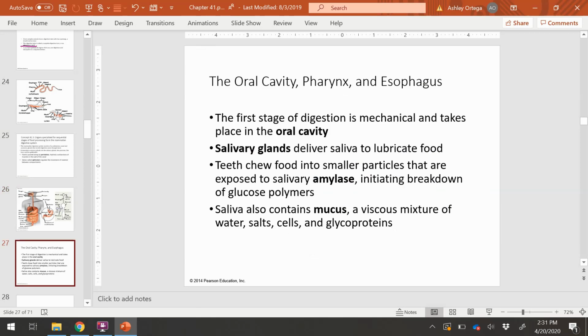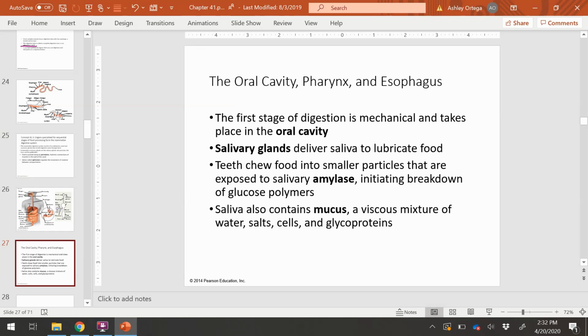So starting with the oral cavity here, this will be the first stage of digestion. This is a mechanical digestion, so physical breaking apart of food. And so to do that, first you have the salivary glands will deliver saliva to lubricate the food. This will aid in balancing out any acids or acidic food or basic food.